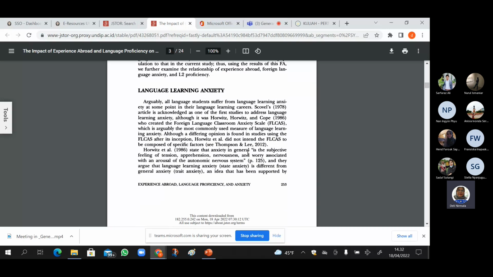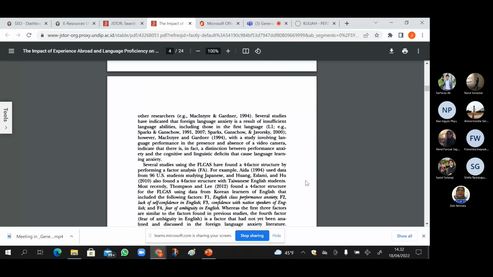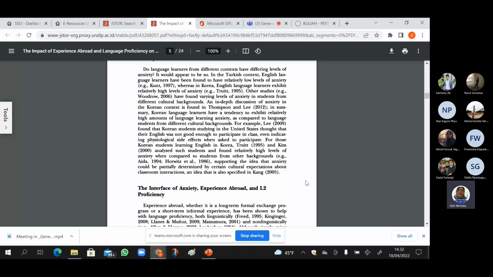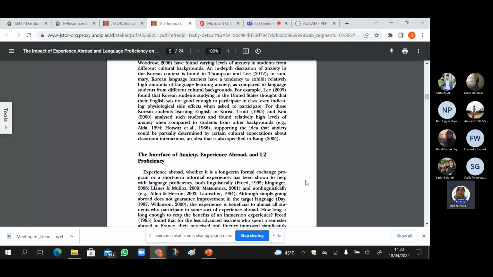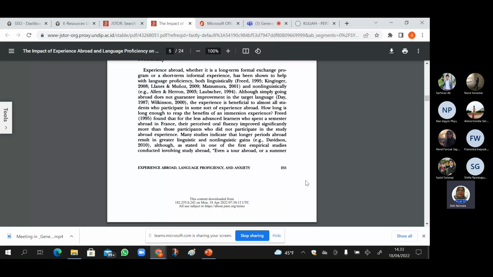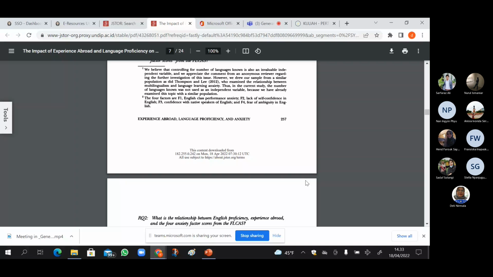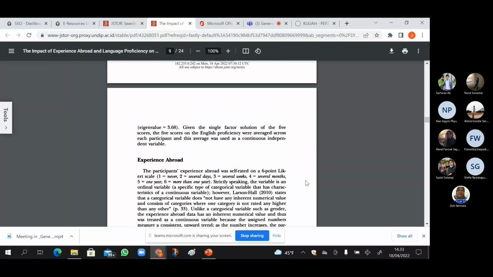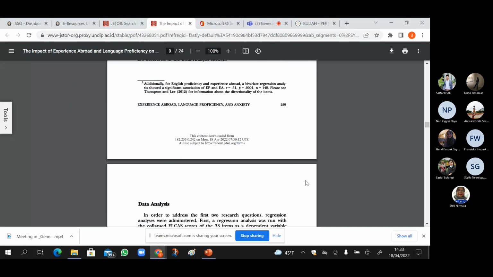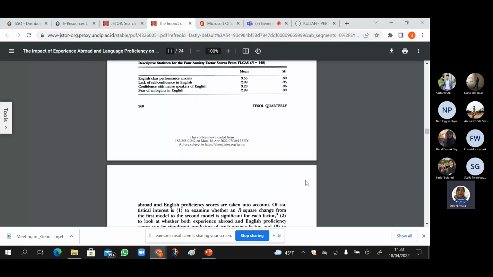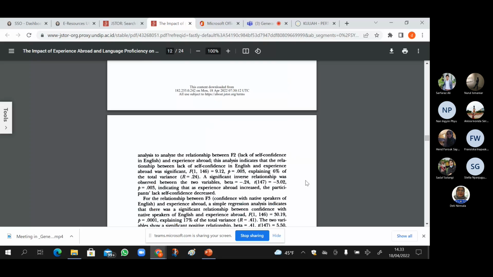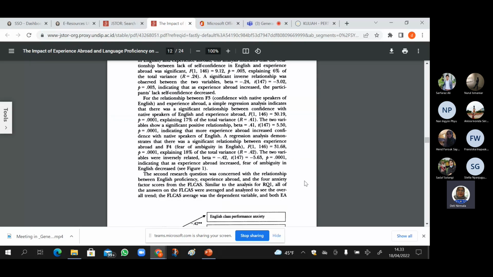Language learning anxiety. There are so many theories here. Many studies, interface of anxiety, experience abroad, and so it is the result. The effect of staying abroad and language proficiency. It is quantitative, so everything is measured statistically.